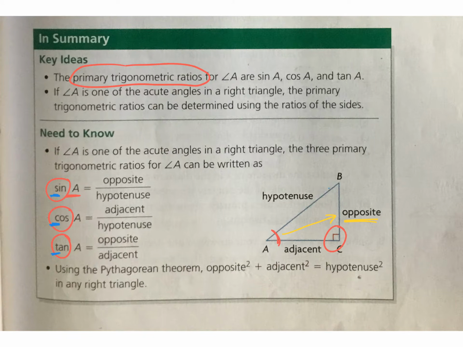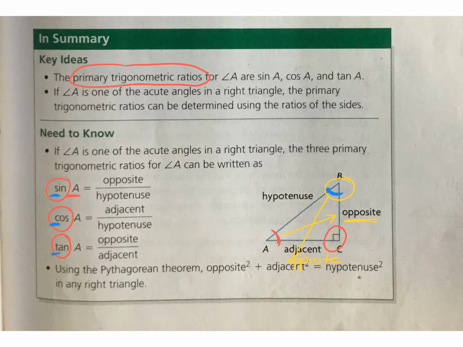If I said using angle B, which side is opposite from angle B? Which side, BC or AC or AB? This side, right? So if we're referencing this angle, everything changes, all the labels change. This would become opposite. When you're labeling the sides, you're labeling it in reference to an angle that's indicated.